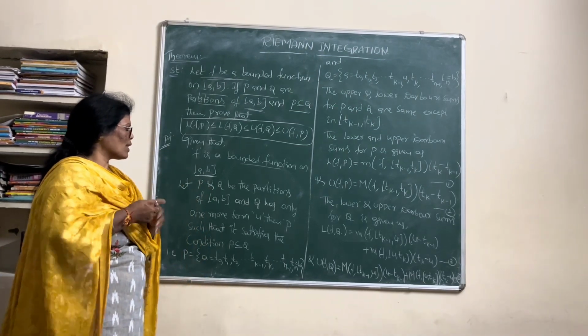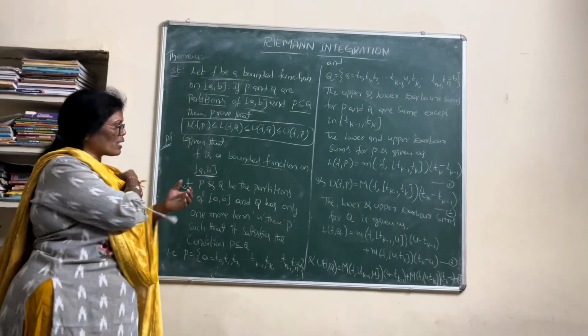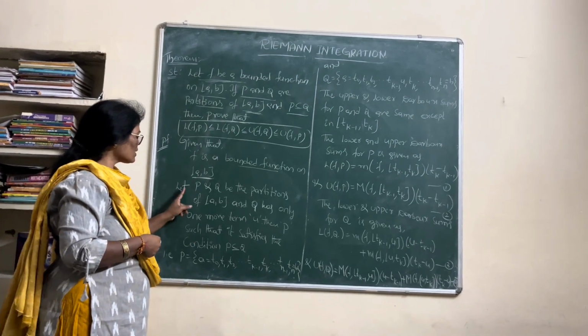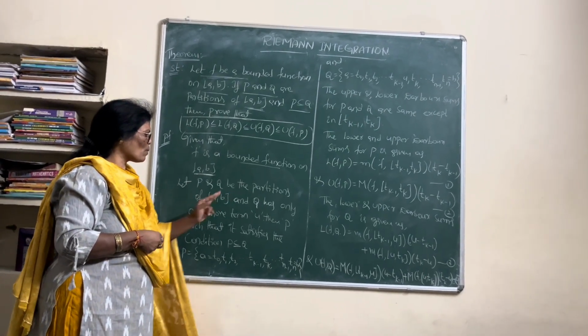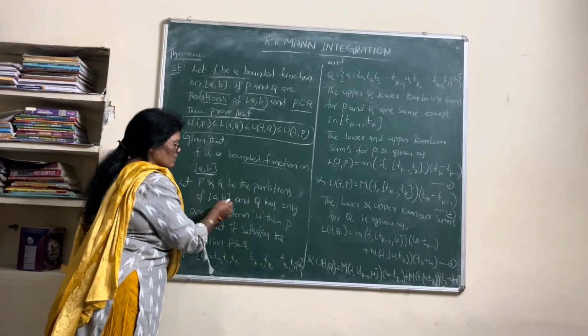First of all, we need to take these partitions. So we have two partitions. We'll consider P and Q to be two partitions on the interval [a, b].